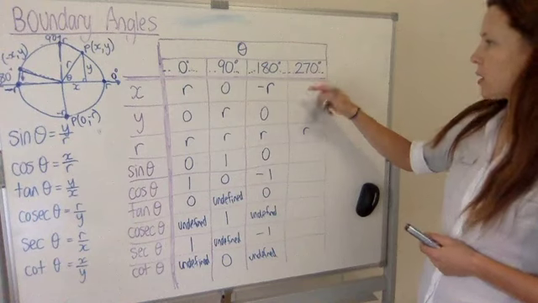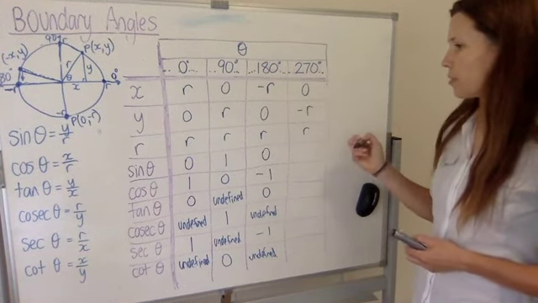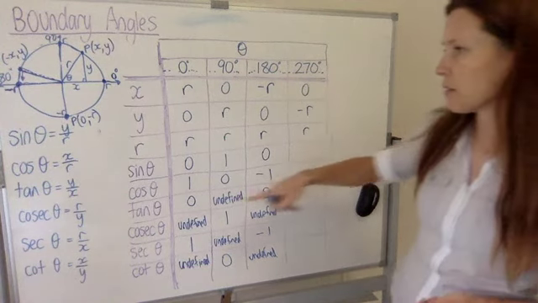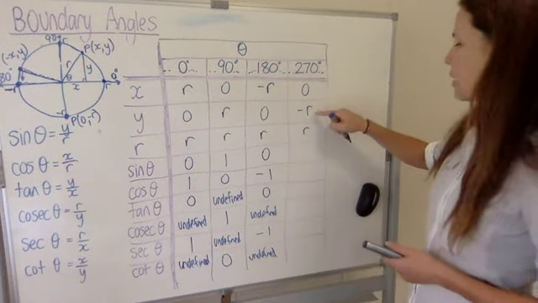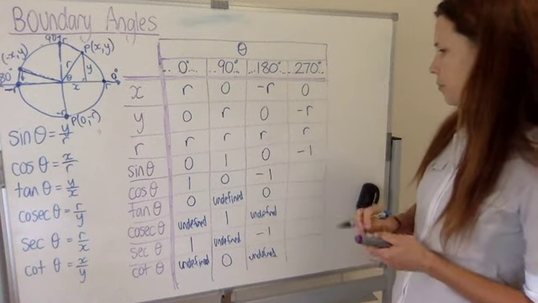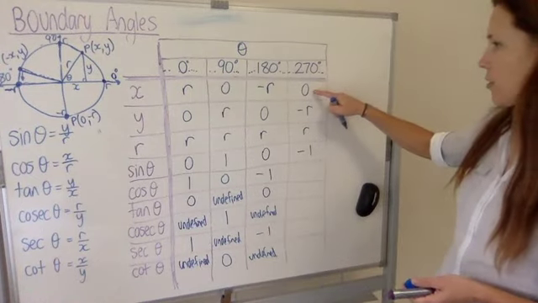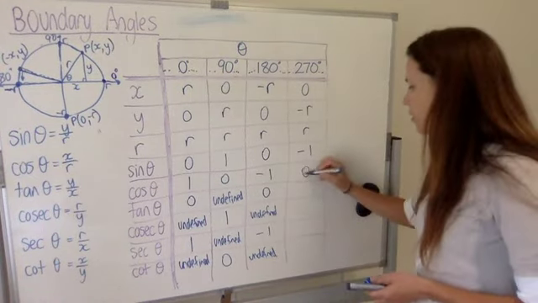So we can put those straight in. So sine of theta, y over r, gives us minus r over r, which is minus 1. And cos of theta, x over r, we've got 0 over r, which is 0.